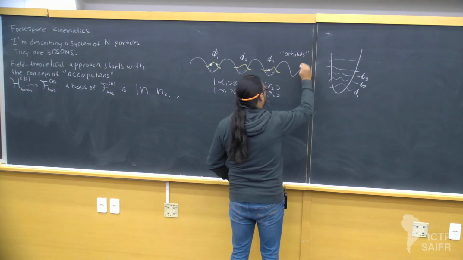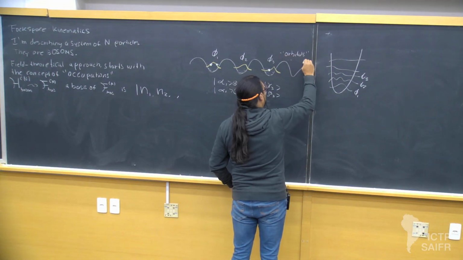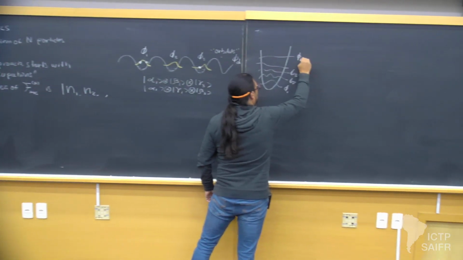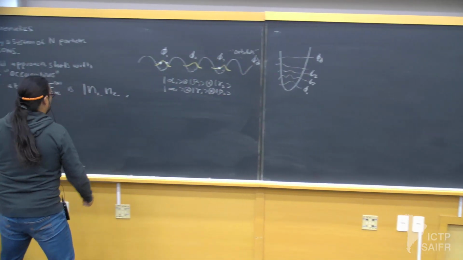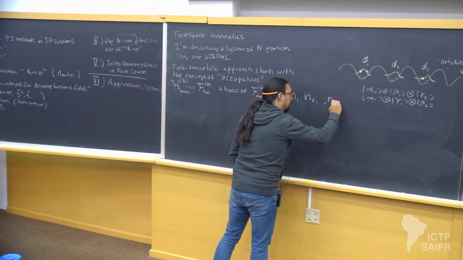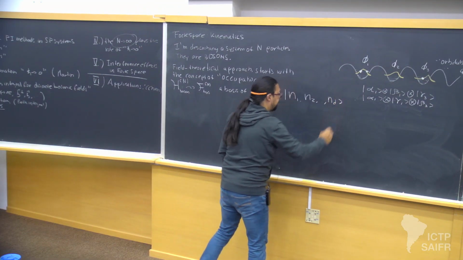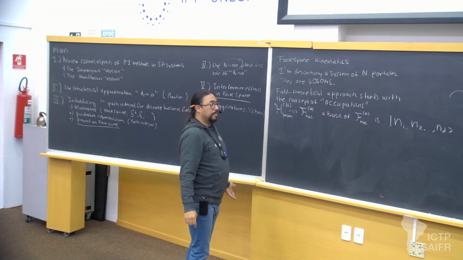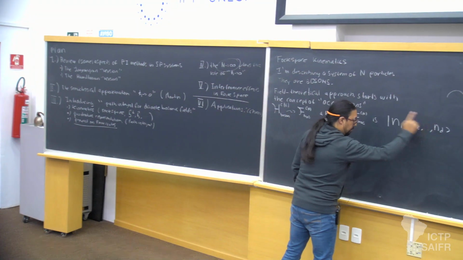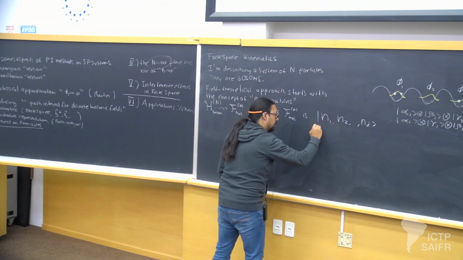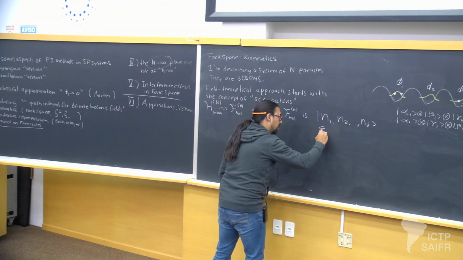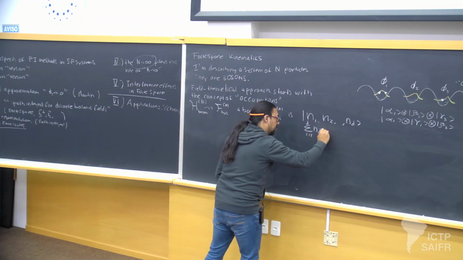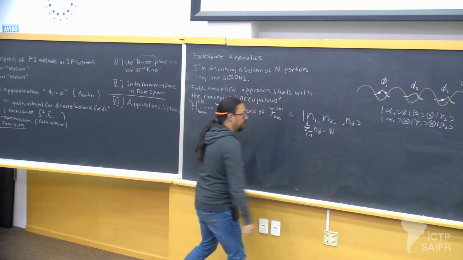I have D single particle orbitals, up to the number of particles in D. And since the total number of particles is fixed, the total number of particles is given by this.